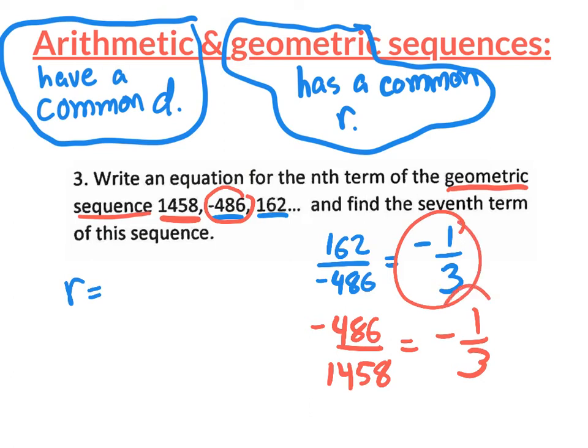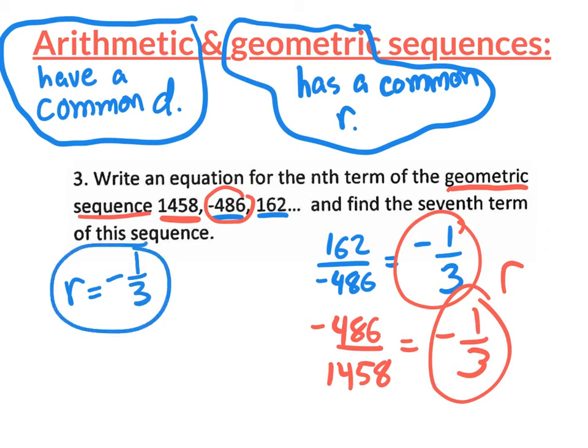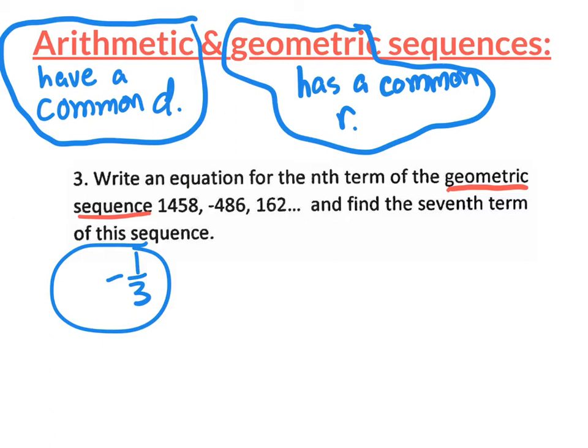So we know that there's a common ratio, and we especially know that because they told us that it's a geometric sequence. Now, once you know that the common ratio is negative 1/3, we could calculate and find whatever number they want us to find. So the common ratio was negative 1/3.